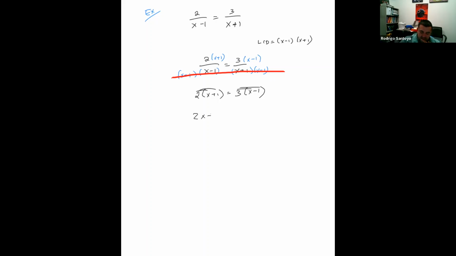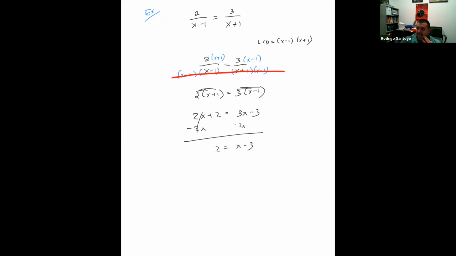So we had 2x plus 2 equals 3x minus 3. And we just continue: minus 2x cancels, 2 equals x minus 3.